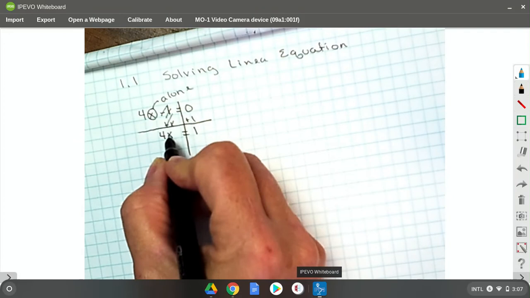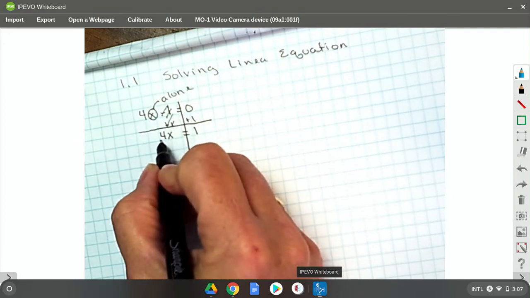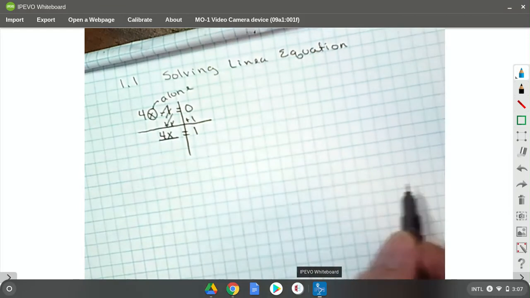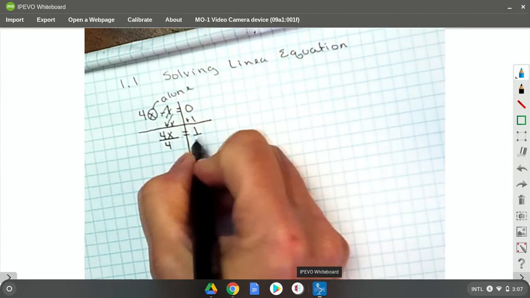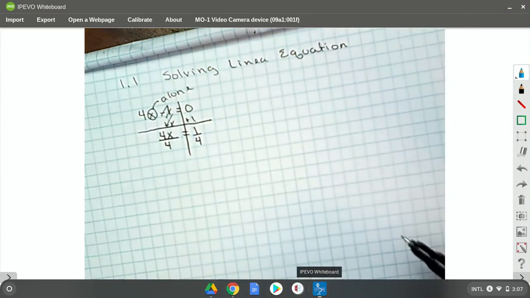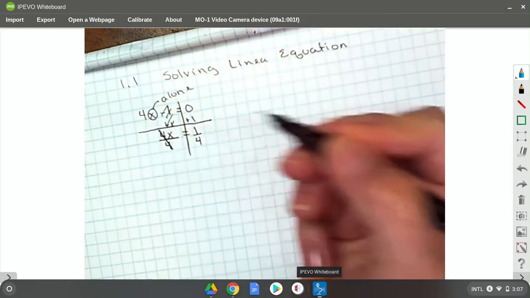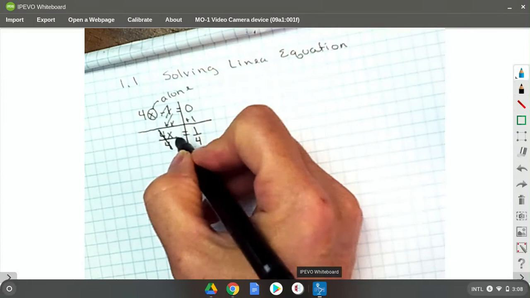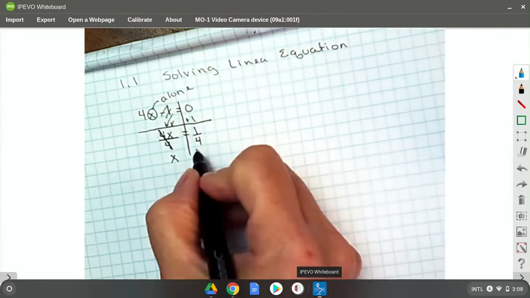So that's 4 times x. And by properties of equality, what can we do to cancel out multiplication? Division. So we're going to divide both sides of that equal sign by 4. And 4 divided by 4 is a 1, and 1 times x is x. So that's been my success right there.